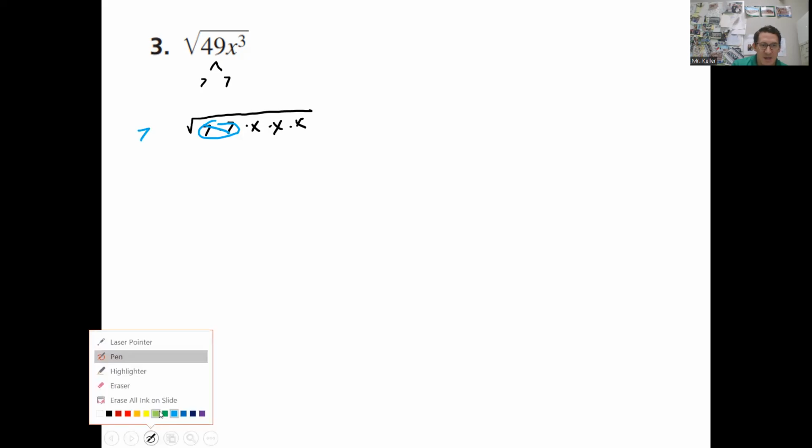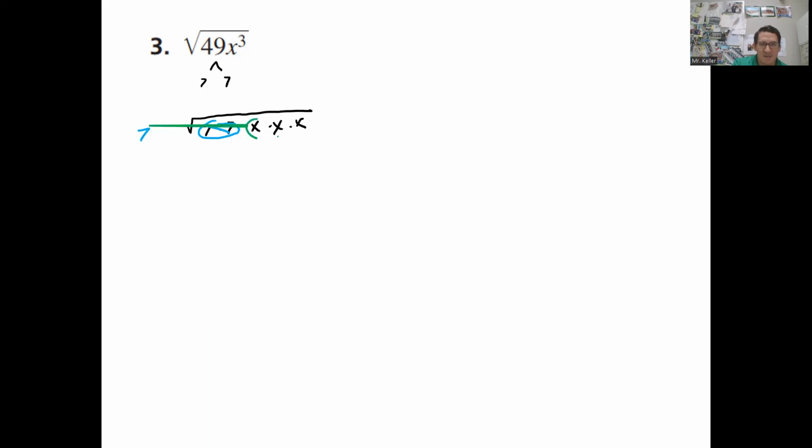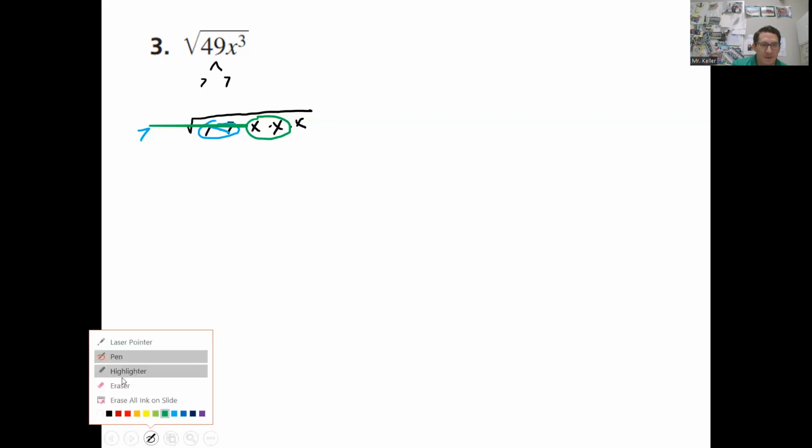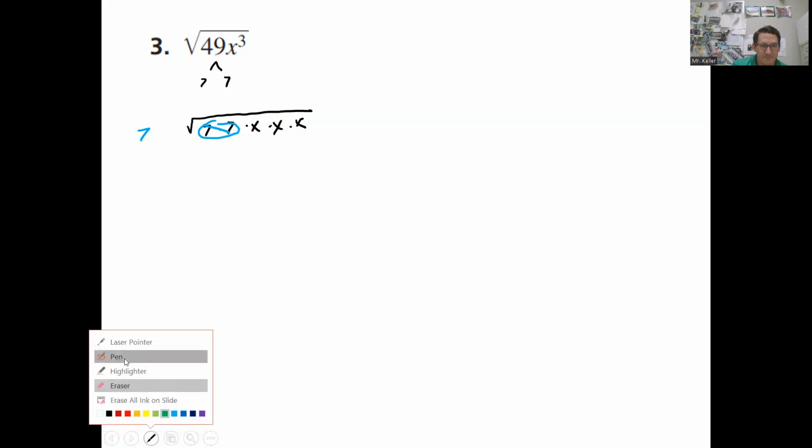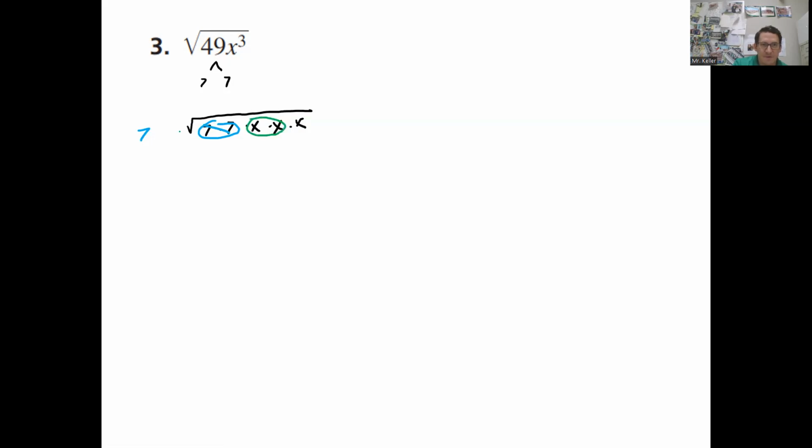And then a pair of x's. For every pair, one goes on the outside. No more pairs on the inside, so I'm going to multiply this out. So 7x on the outside and 1 x left on the inside. 7x times the square root of x.